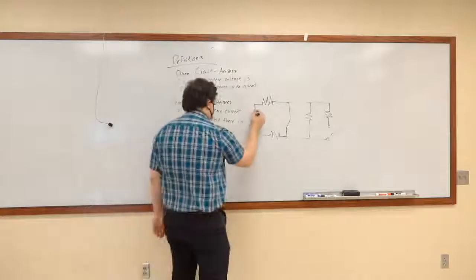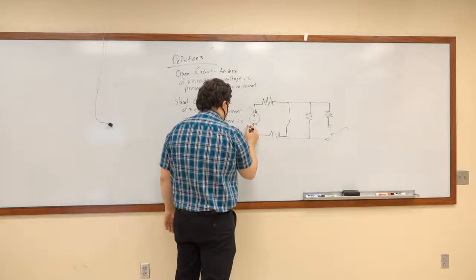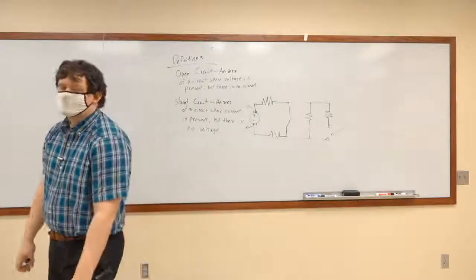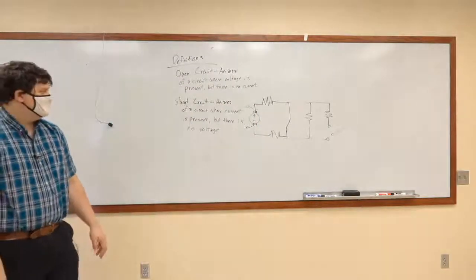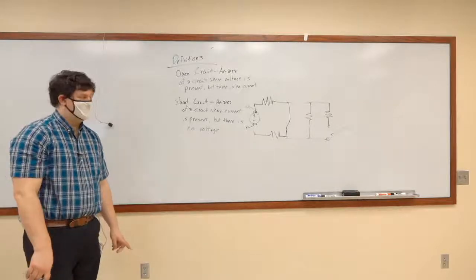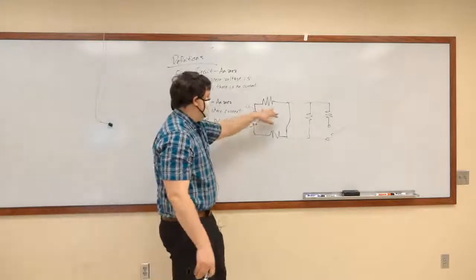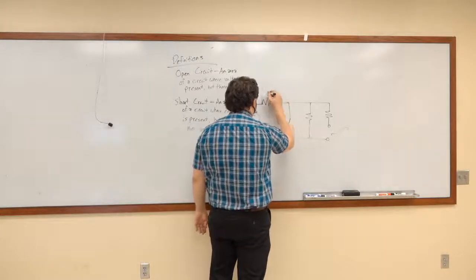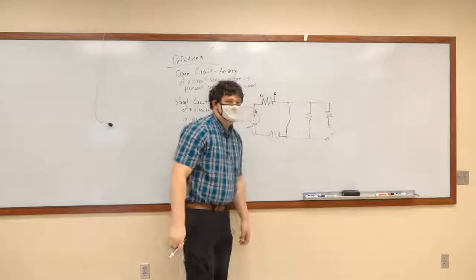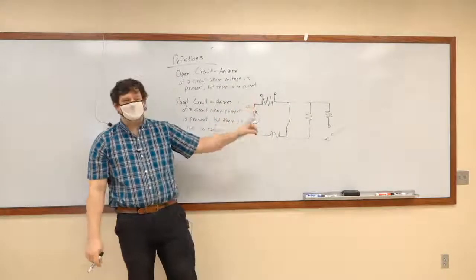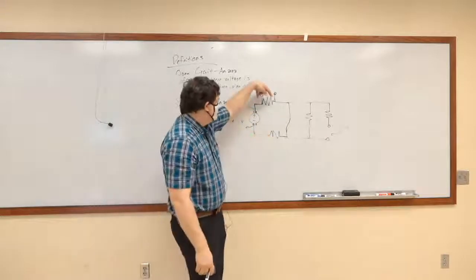And because they exist, they can be contacted, or you could throw another component across them. Just by existing, those terminals are open circuit. Okay? The two ends of this, just by existing, if you were to touch both ends, you could close that circuit, but it is itself an open circuit just sitting out here.